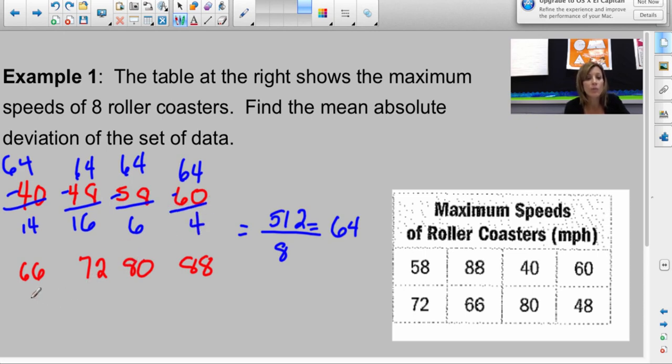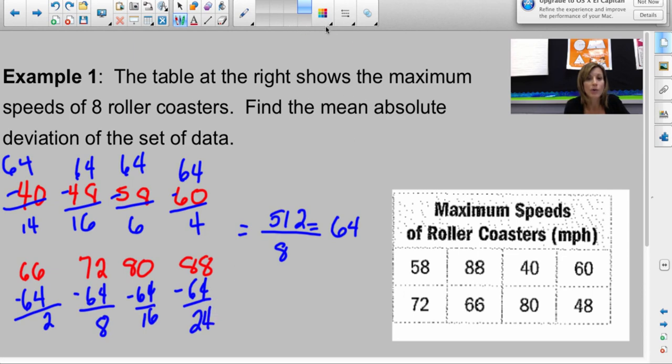Now the absolute value part means that now that the numbers are increasing, we've got to make sure that we are finding positive differences. So 66 minus 64 is 2, so no negative numbers here. 72 minus 64 would be 8. 80 minus 64 would give us 16. And 88 minus 64 would give us 24.